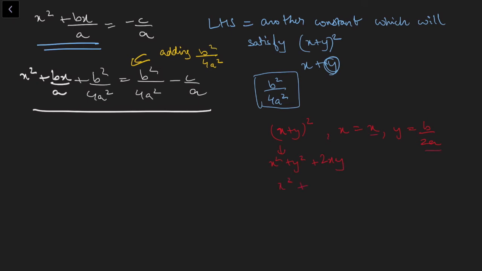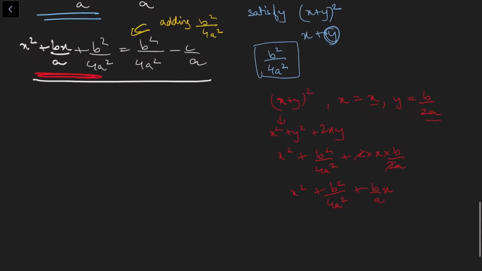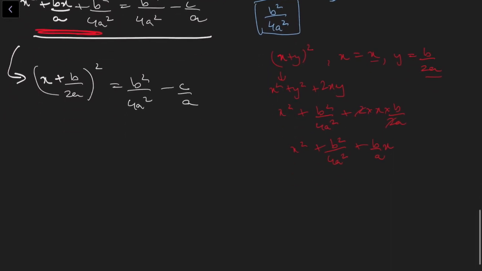You'll get x square plus b square by 4a square plus 2 into x into b by 2a, and that is x square plus b square by 4a square plus b by a x, and that is what we have over here. So then we can write this as x plus b by 2a the whole square is equal to b square by 4a square minus c by a.